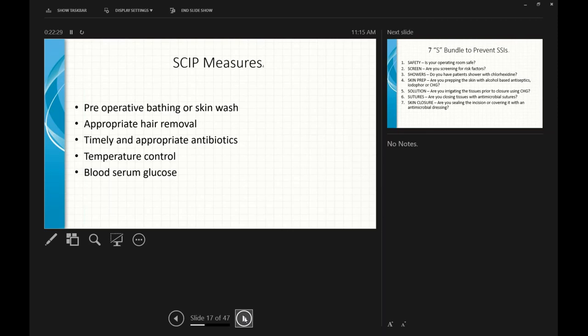Appropriate hair removal. We don't use razors anymore because they contributed to infection. Timely and appropriate antibiotics 30 minutes before, not while the incision is being made and the tourniquet is up. Temperature control. We know that when our patients are kept warm, they have lower infection rates. And monitoring patients' glucose.